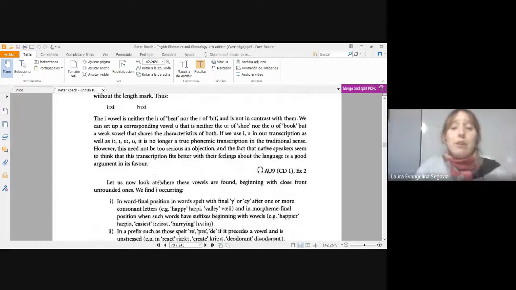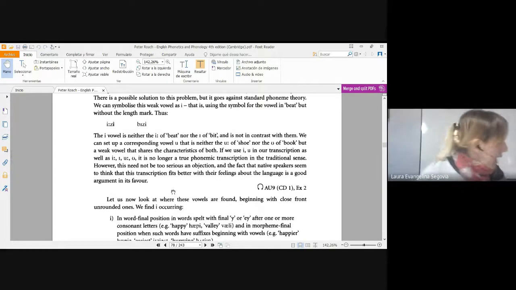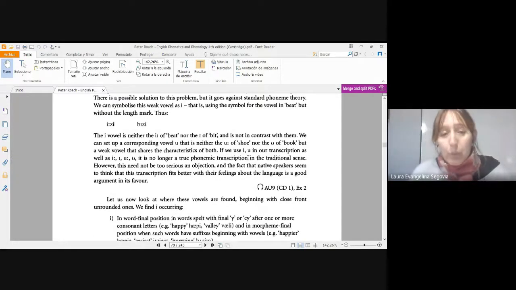And here you have some circumstances regarding spelling that you can read, and also with the idea of the neutral U. Okay? So let's pay attention to this part. Let's read this part. Here it says the E vowel is neither the E of beat, a long E, nor the E as in bed. So it's not in contrast with them. I mean, you have something in the middle there.